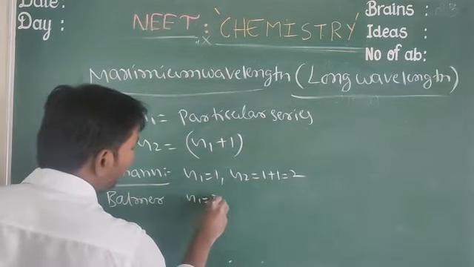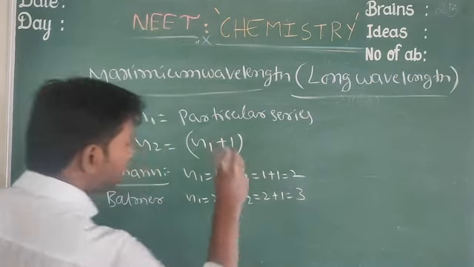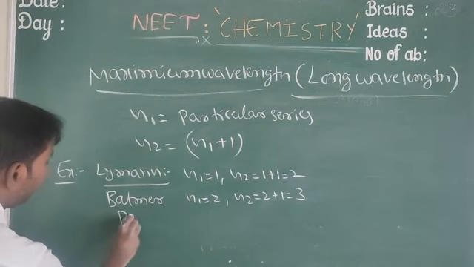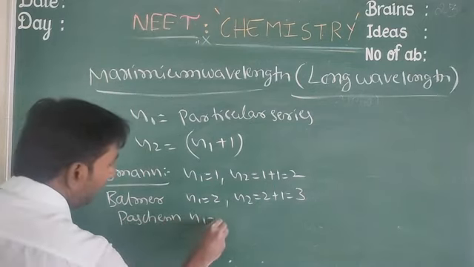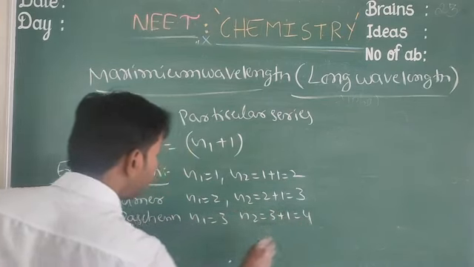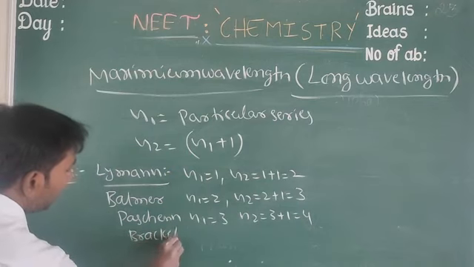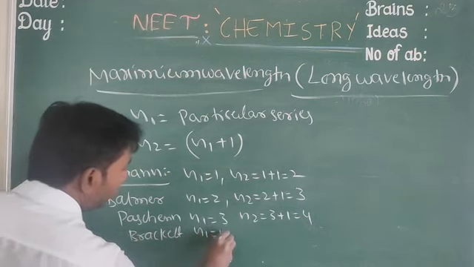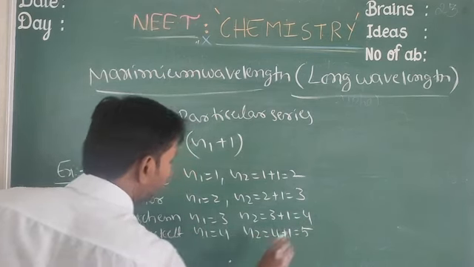For Balmer, N1 equals 2, N2 equals 2 plus 1, 3. Okay, Pascal: N1 equals 3, N2 equals 3 plus 1, 4. Like that, Brackett: N1 equals 4, N2 equals 4 plus 1, 5.